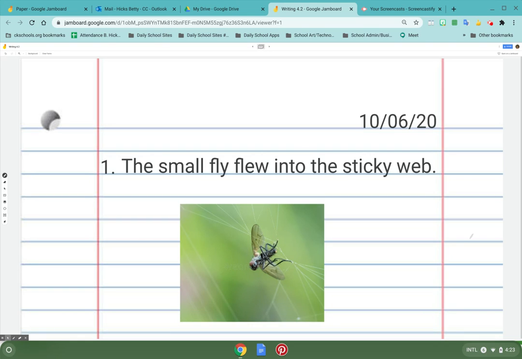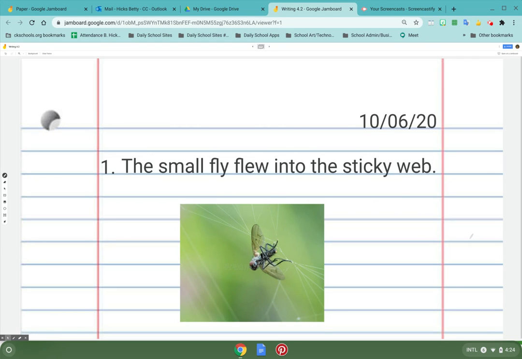All right, so now I skipped a line underneath my date. I put my one right up against my left red margin, and then I started my sentence. Now, my writing is going to look a little different, but the uppercase letters usually reach the top blue line, and the Y's hang underneath the line, the P's hang underneath the line, and you'll see that.